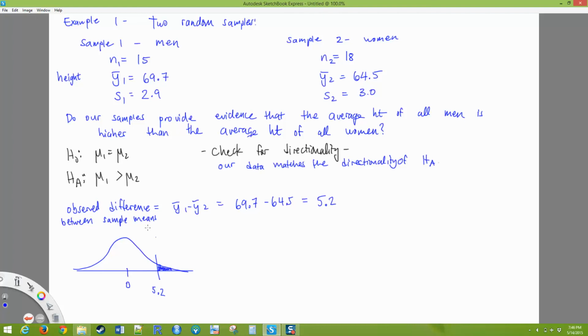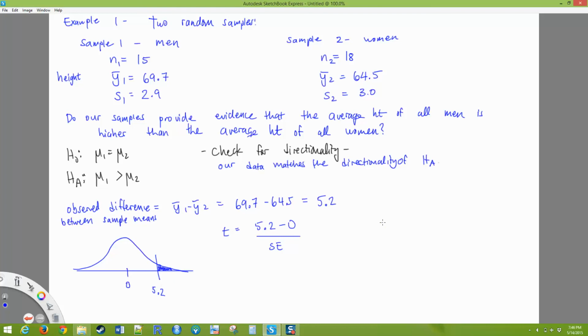And in our case, more extreme means a difference where mu1 is even greater than mu2, so I'm going to have 5.2 or something larger than that. So essentially I'm going to be calculating like a z-score, but it's a t-distribution, so my test statistic t is going to be 5.2 minus the mean of 0, which I guess isn't necessary, divided by the standard error.